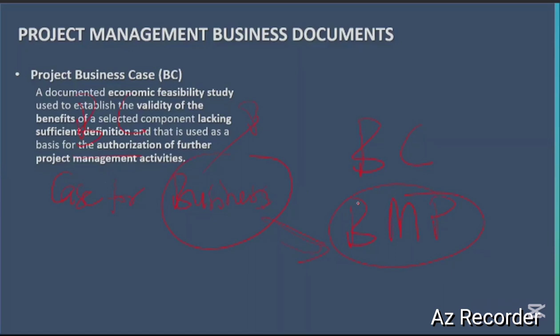It might be high level, and that is used as a basis for authorization of further project management activities. So remember I said it comes at the pre-project phase. When we are certain, when we are sure, then we allow it to go into the initiation phase. So this is the pre-project phase, this is the initiation phase.